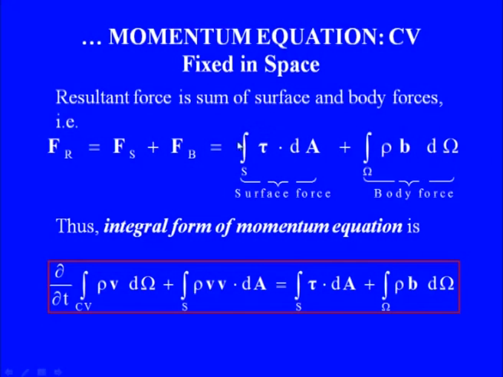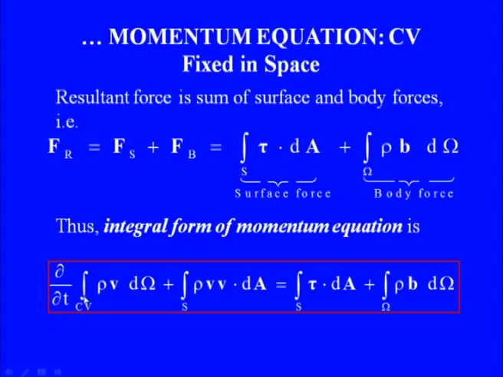Now let us substitute this expanded form for the resultant force in our previous equation, and we obtain the integral form of the momentum equation, given by del by del t of the integral over Cv of rho v d omega plus the surface integral of rho vv dot dA is equal to the surface integral of tau dot dA plus the volume integral of rho b d omega.